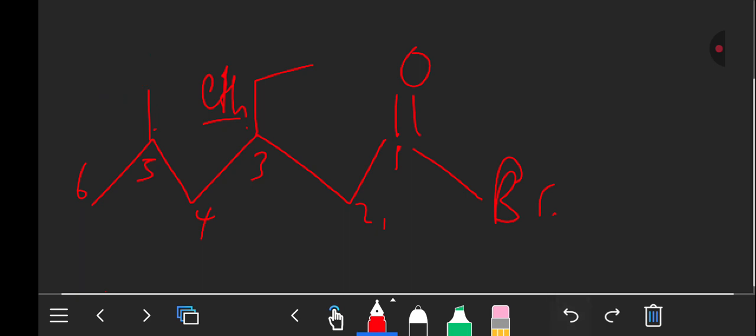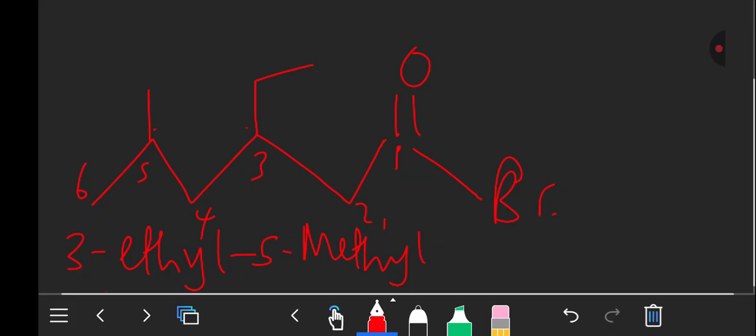Okay, so we'll start with eth. So we'll say at position number 3 we have ethyl. Then at position number 5, we have methyl. What is the name of this parent chain?